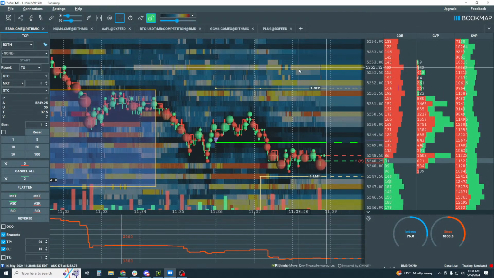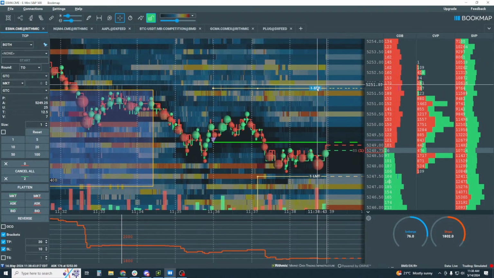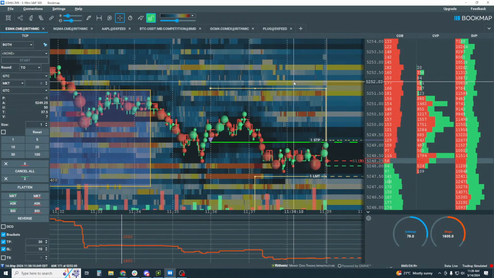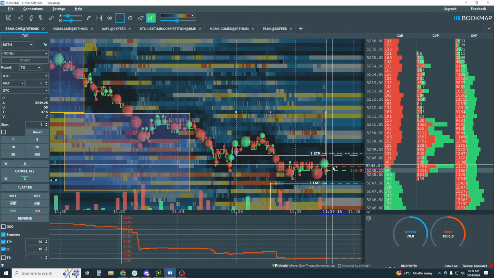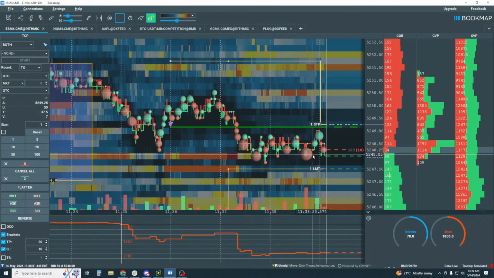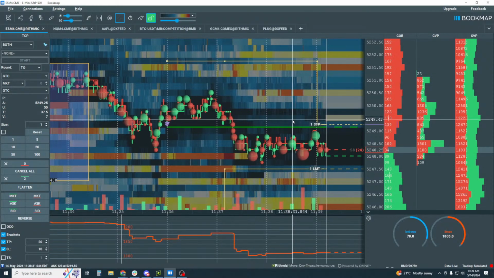I want just a bit more selling. And we cannot do it. I'm going to take the stop at break even here. Well, we might get it now. Buying here now, looking for the pressure here on the sell side to drive it through.